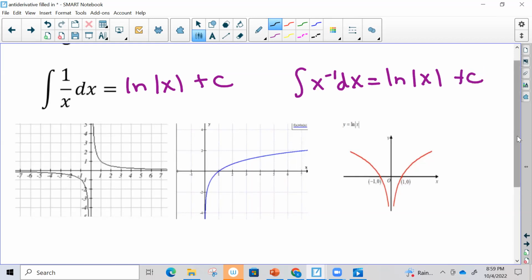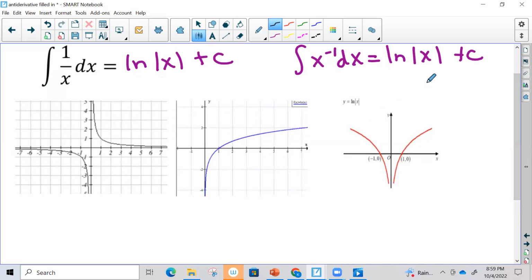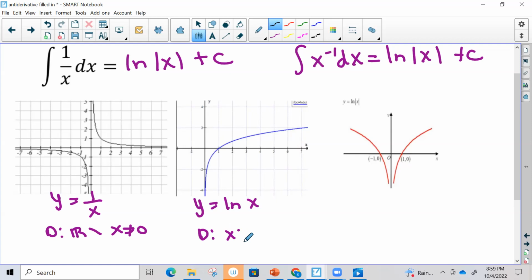The reason for the absolute values is we want the domain of the antiderivative and the derivative to be the same. So 1 over x looks like this graph. And this domain is all real numbers except x can equal 0. This graph is the natural log of x, and this domain is x is greater than 0, so they don't match up.